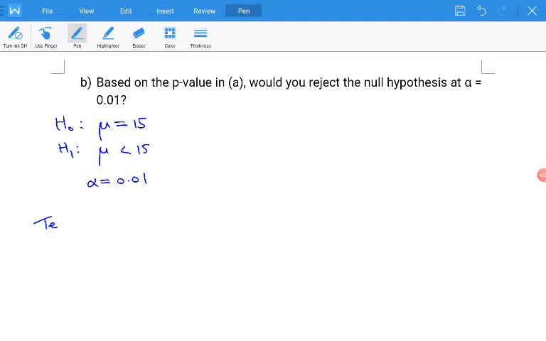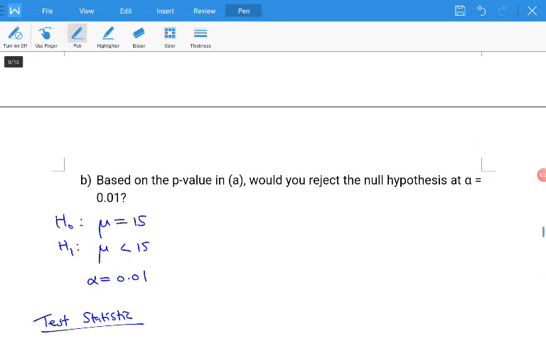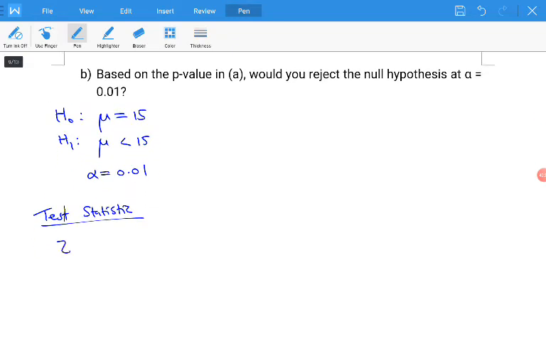So now we want the test statistic. So zcalc is equal to x bar minus mu over s over root n.